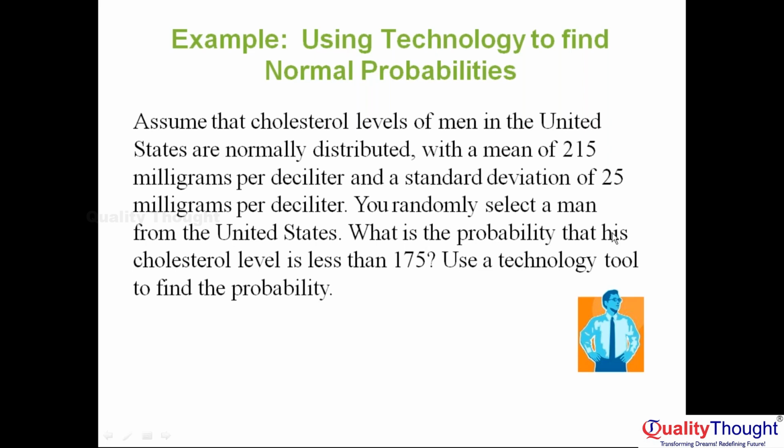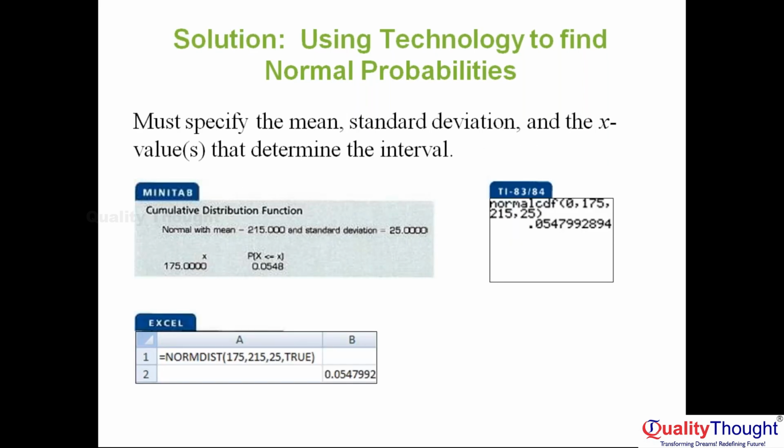What is the probability that his cholesterol level is less than 175? Use the technology tool to find the probability. Technology tool means Excel sheet, right or wrong? You can use the Excel sheet of the normal distribution and provide the different values there. You can immediately identify this one, but it's fine.